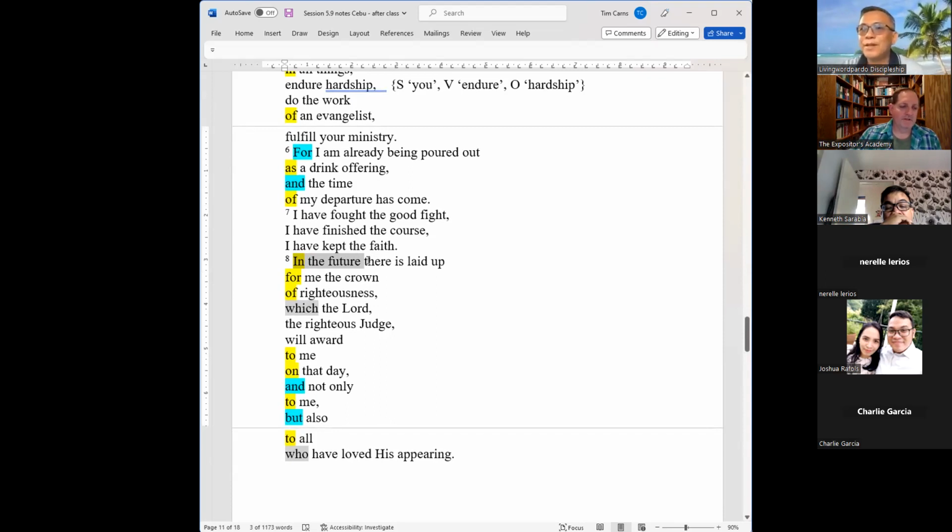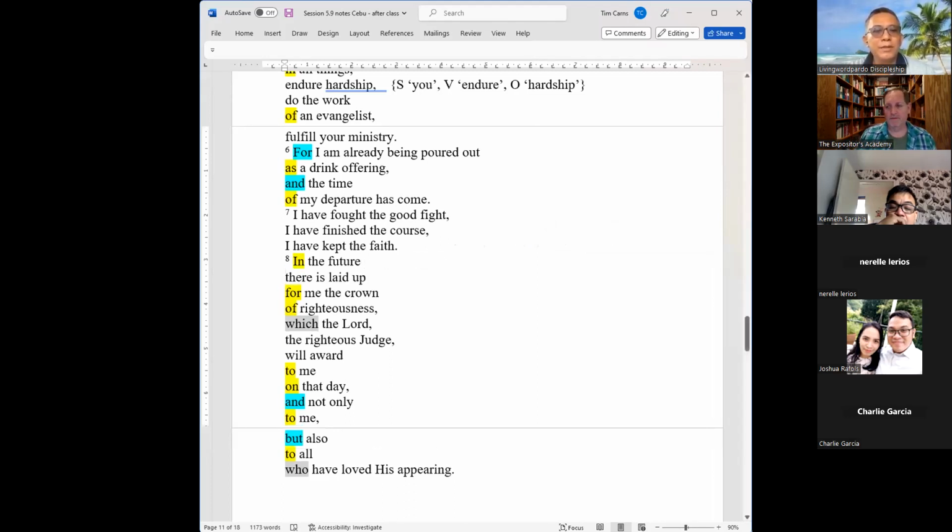Good observation, Jesse. I left it there to see if you guys could notice that. Do you guys understand what he's saying? Here in verse 8, there's "in the future," and then there is "laid up." So is that part of one phrase or clause, or should it be separate? I would say it should be separate.